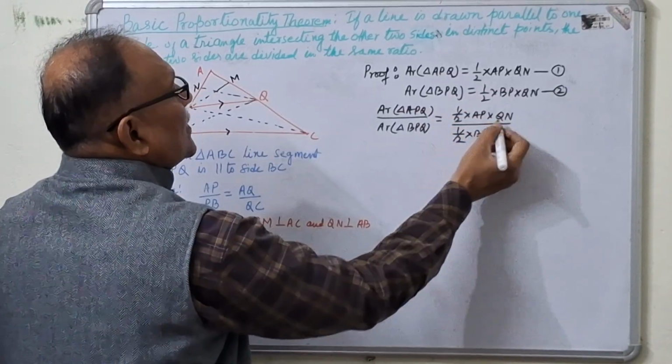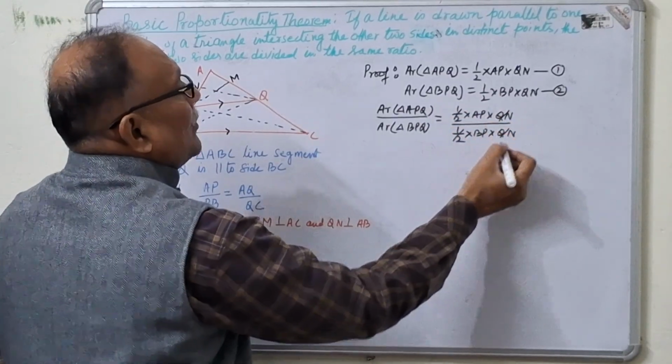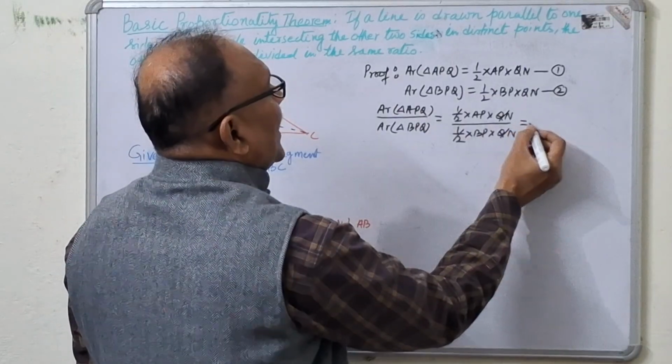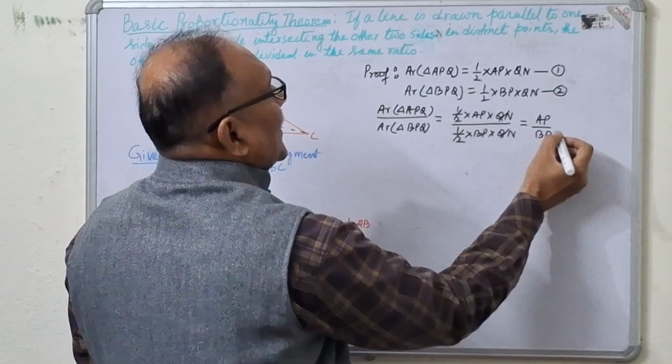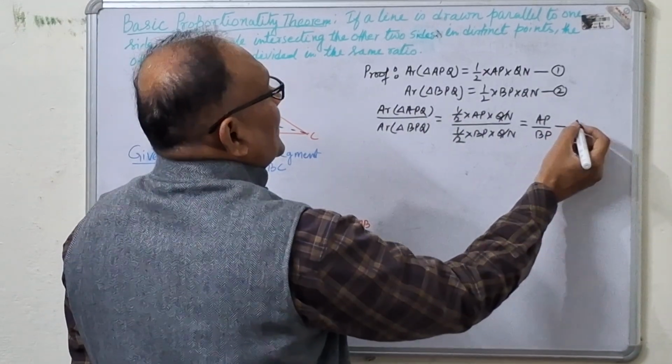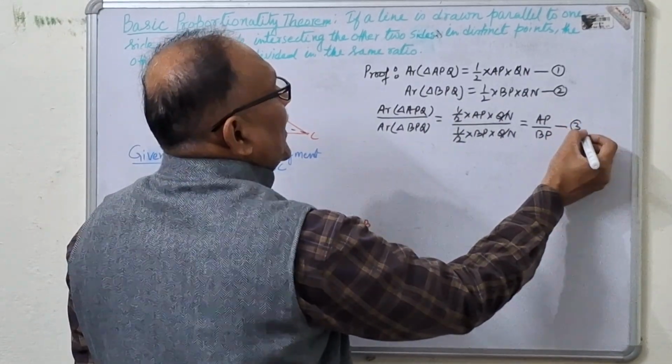Half and half will cancel out, QN and QN will also cancel out, giving AP upon BP. Equation number 3.